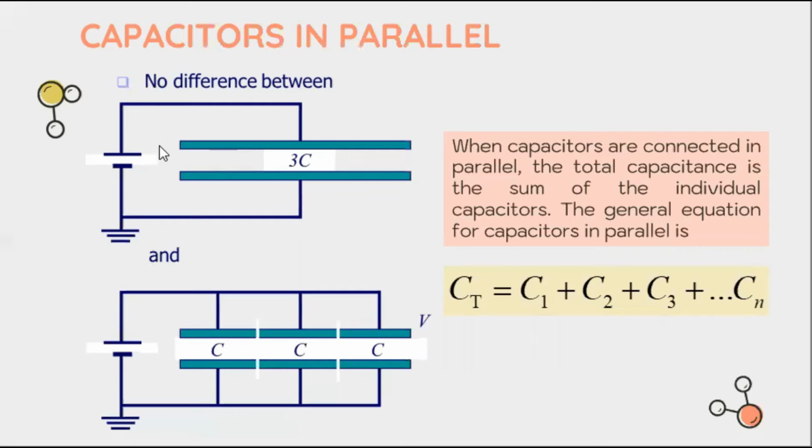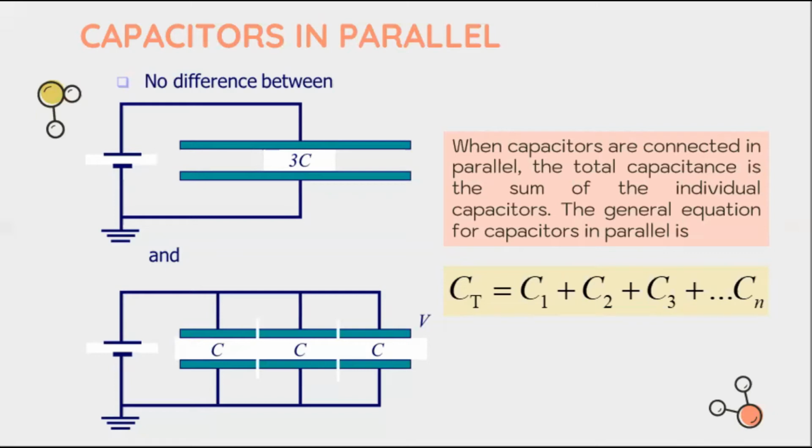Kasi when capacitors are connected in parallel, the total capacitance is the sum of the individual capacitors. The general equation for capacitors in parallel is C1 plus C2 plus C3 and so on. So, kapag po ang capacitors po natin ay connected in parallel, we have to simply add the magnitude per each capacitance ng ating capacitor. Okay?